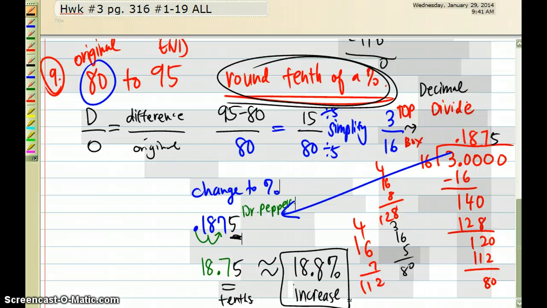So as you're dividing and you need to round your percentages to the tenths place, when you go to divide for your decimal, you need not only your tenths, your hundredths, your thousandths, but then your ten-thousandths place when you are dividing. So you've got to have 4 numbers. That way you can round to the tenths because you've got to move the decimal again.